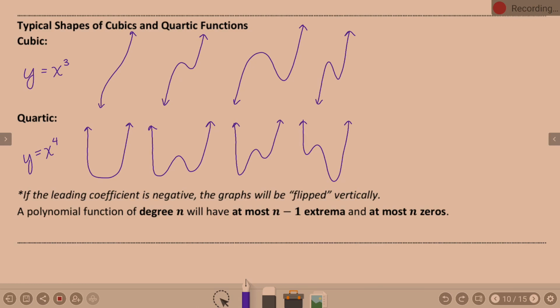It could become something where, I can never draw this one, it's kind of a W, but you're kind of missing one of the humps. These are all different variations of x to the fourth. It all depends on what terms are included.